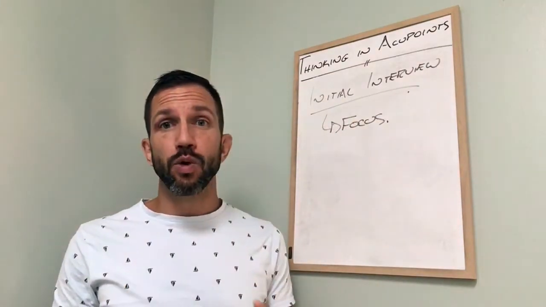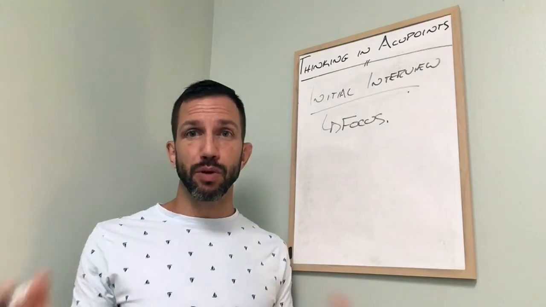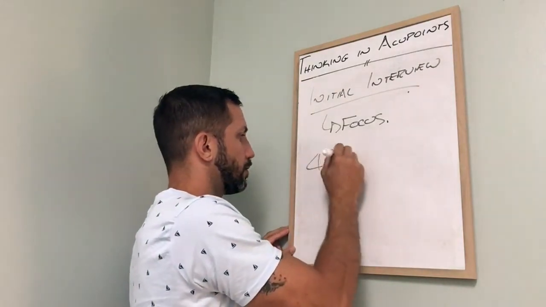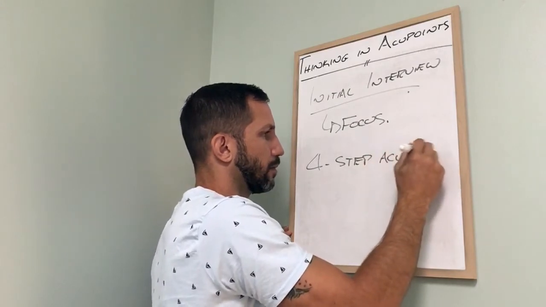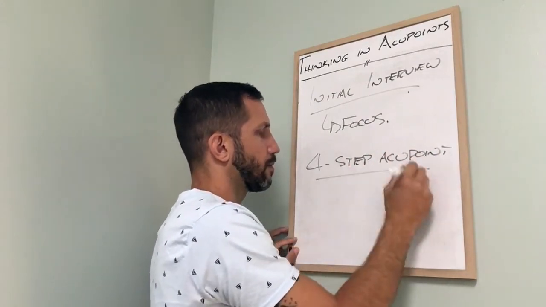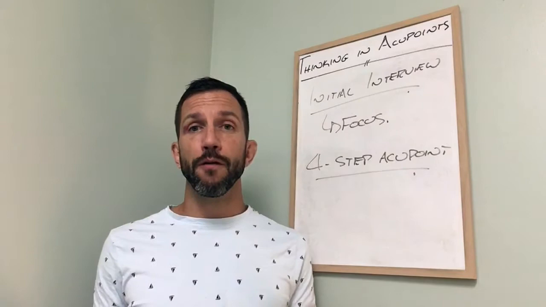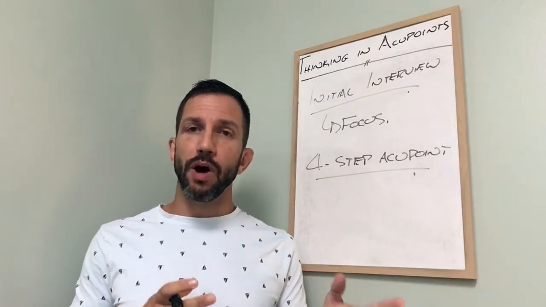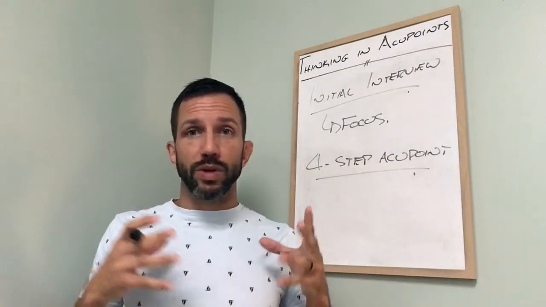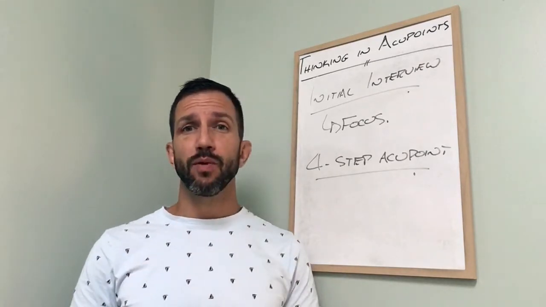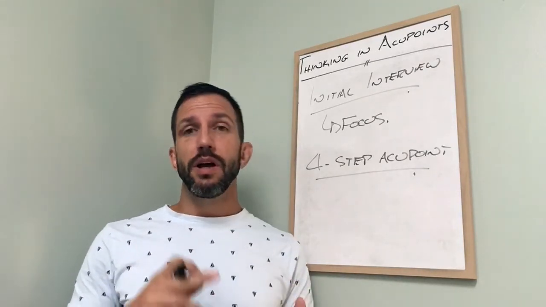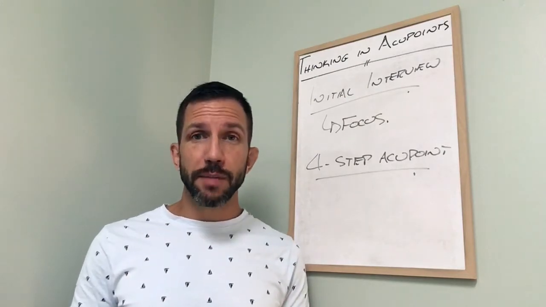Then I've got my 4-step acupoint prescription building process. This is again all about focus. We are going to talk about where's the problem, what's next to the problem, what is the problem, and who can help. I've talked about this before in videos on YouTube, and I've broken stuff down on Instagram in regards to this.